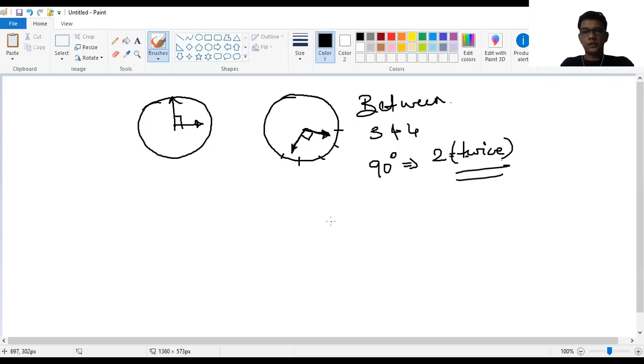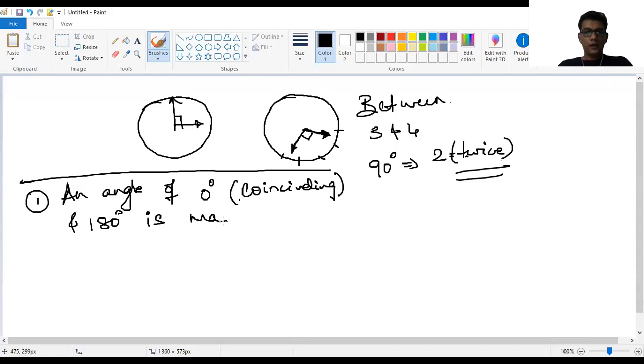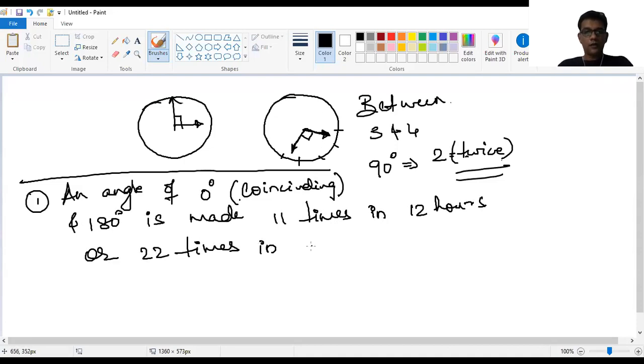Number 1: an angle of 0 degrees, where the hands are coinciding, and an angle of 180 degrees, is made 11 times in 12 hours, or 22 times in a day.